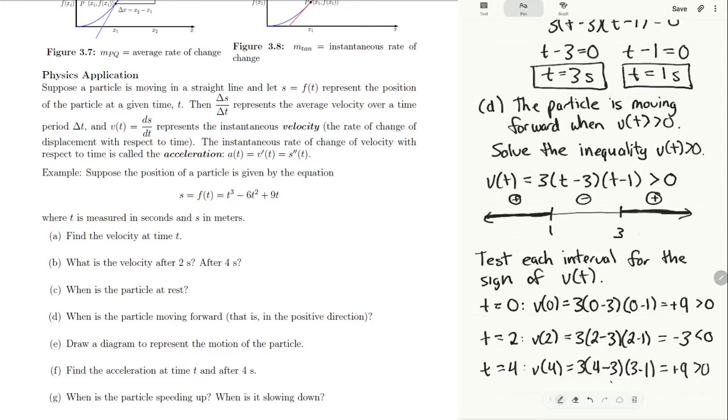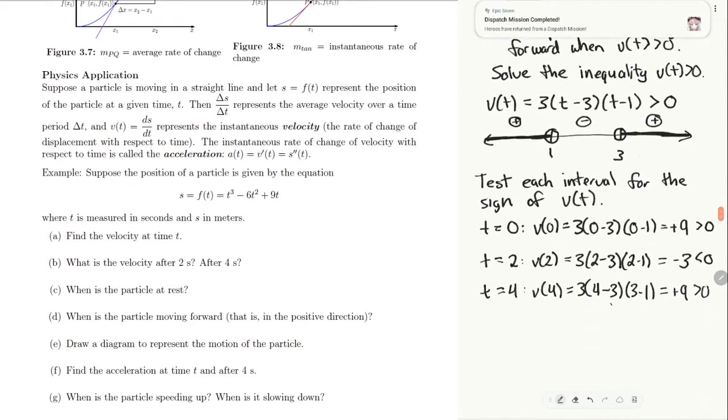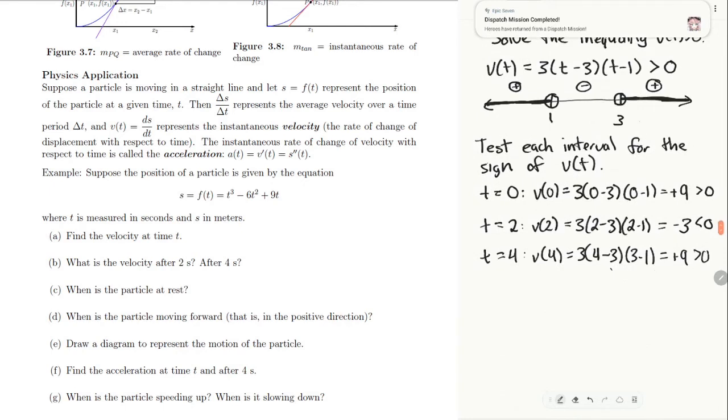Now we know that the velocity will be 0 at 1 and 3, which is not a positive number, so we will exclude these from our interval. So now we can write down the times for when the velocity is positive, or when the particle is moving in the positive direction.